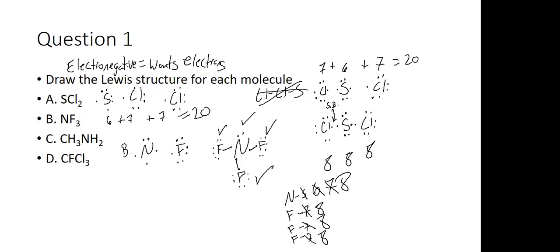All right, so let's do C. Carbon, again, I never like to pair up the electrons because carbon loves to bond so much. So I always put electrons in each spot. So we have carbon. Hydrogen has 1 valence electron, and we have 5 of those. Nitrogen has 5.